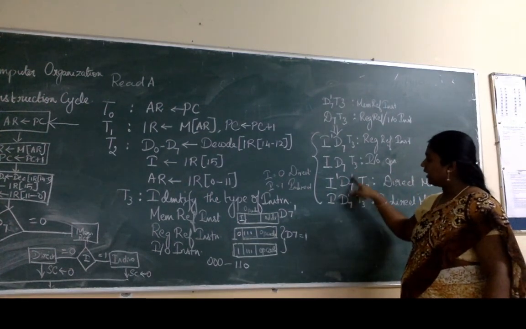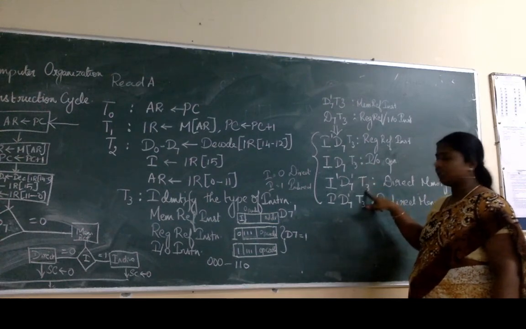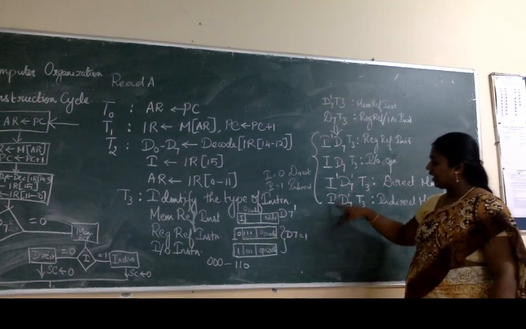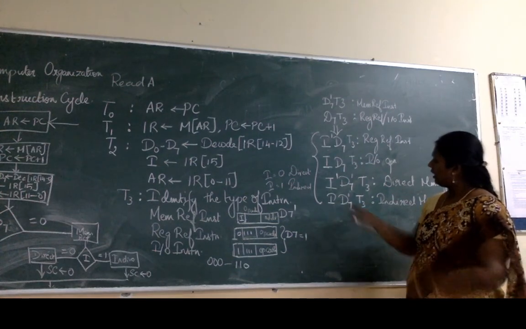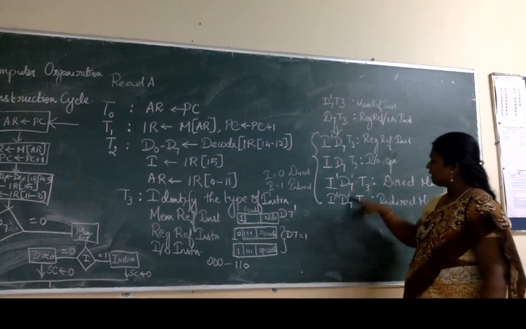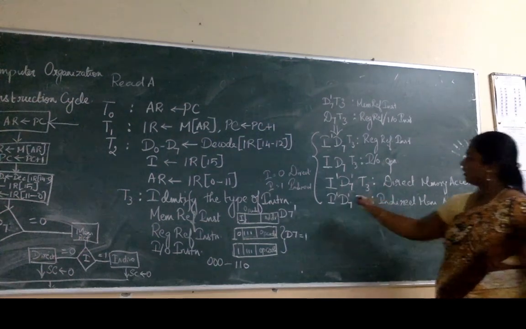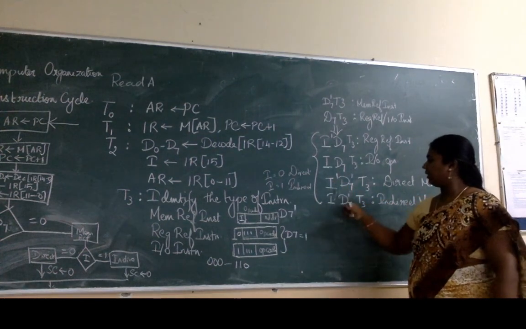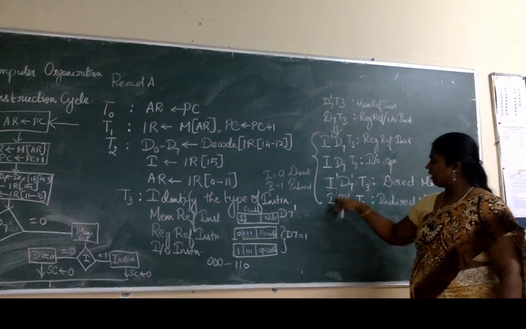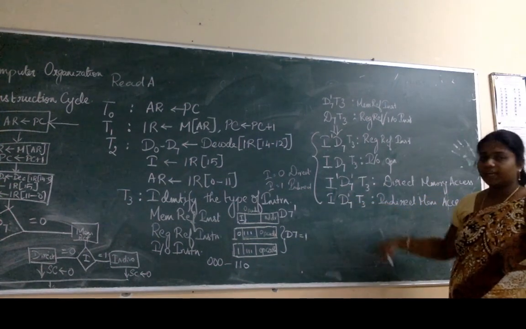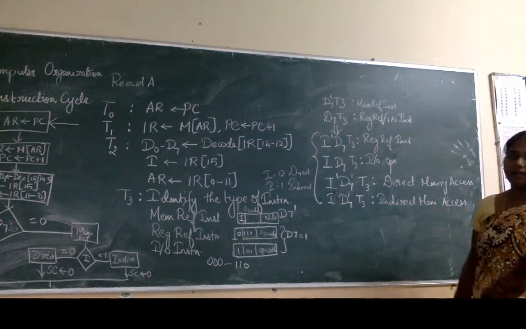I dash D7 dash T3 indicates a direct memory access, and I D7 dash T3 will indicate I value should be 1 and D7 should be 0. At time cycle T3 we have the indirect memory access.